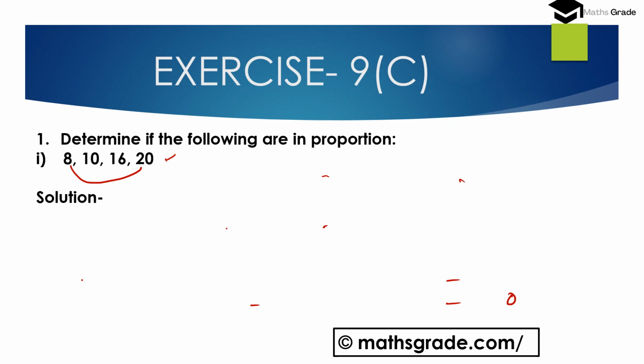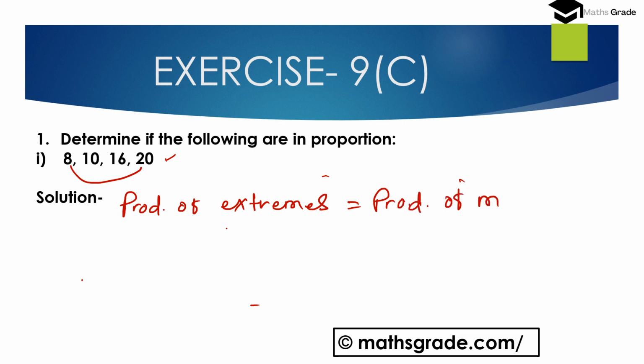We get product of extreme is equal to product of mean, 160.